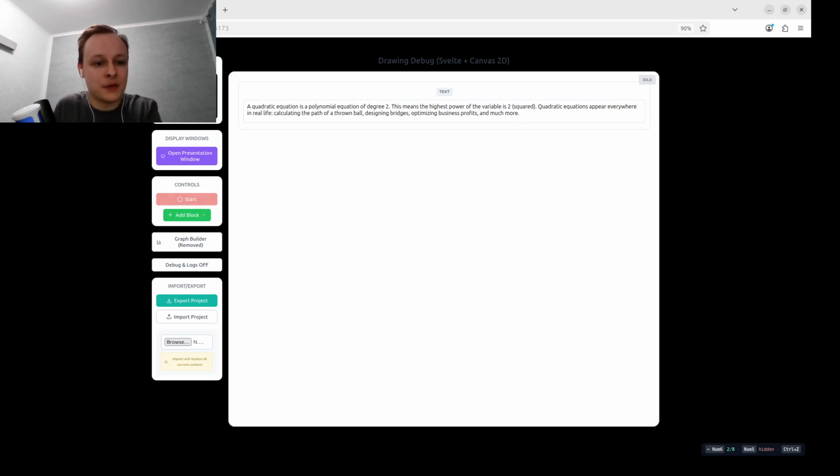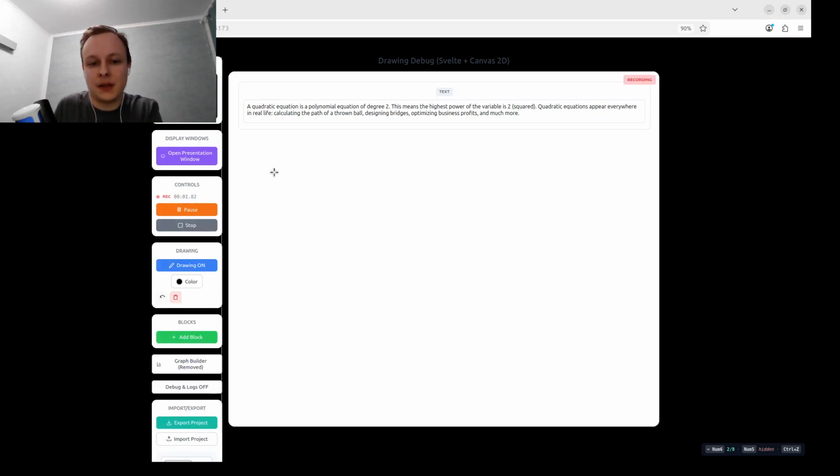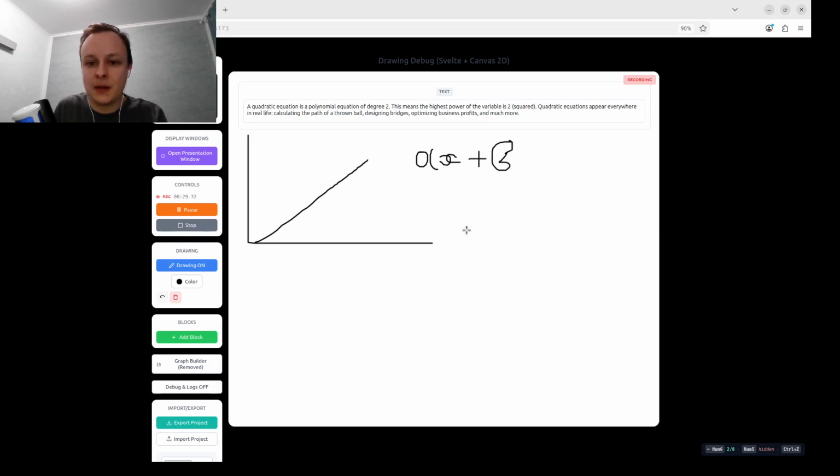Basically, let's remind ourselves what a linear equation is. I think all of you who studied this topic at school know that on a graph there's a straight line called a linear equation, and it is usually written in standard form as a multiplied by x plus b, right, equals y.